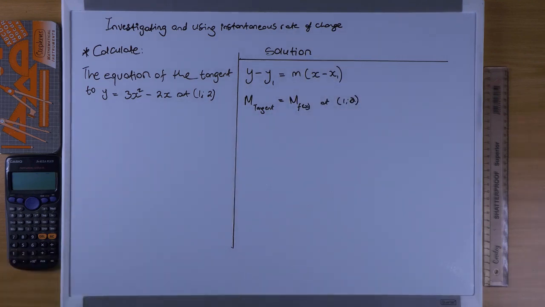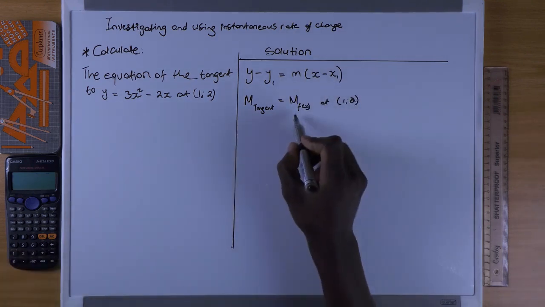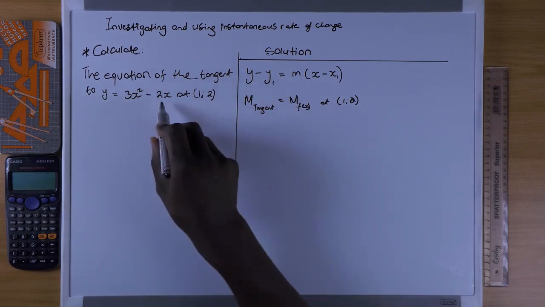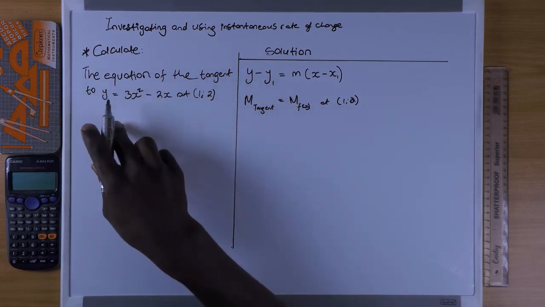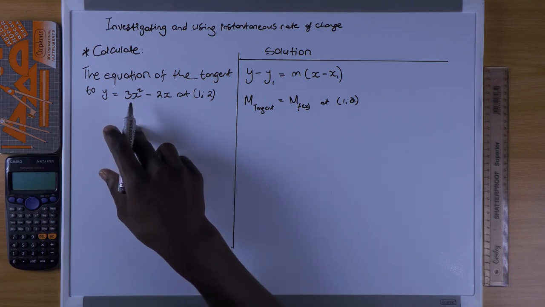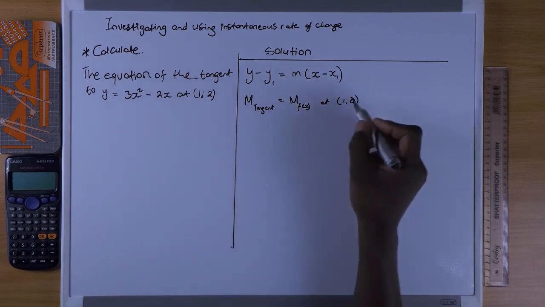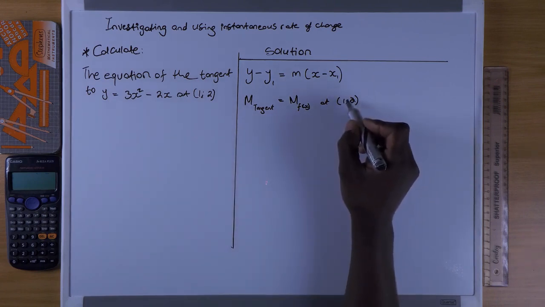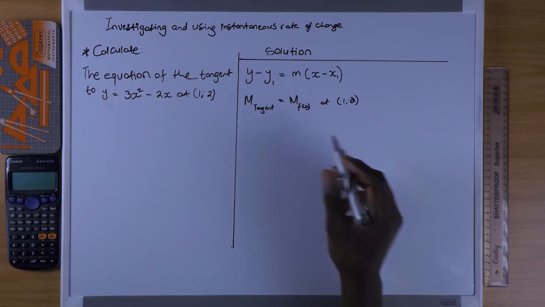So what we must find now is the gradient of this function. Once we have found this gradient, we then substitute it with the value of this point. You will see now what I mean.